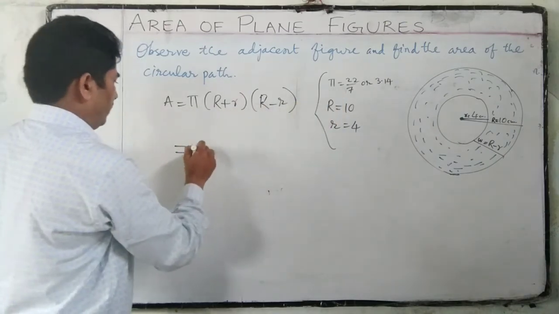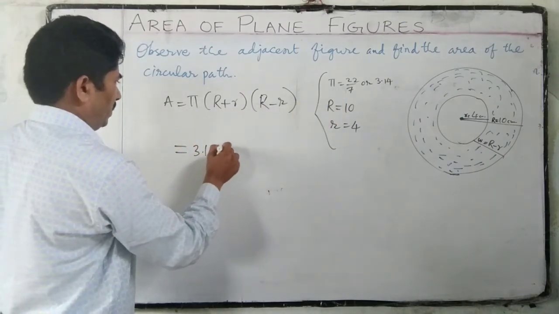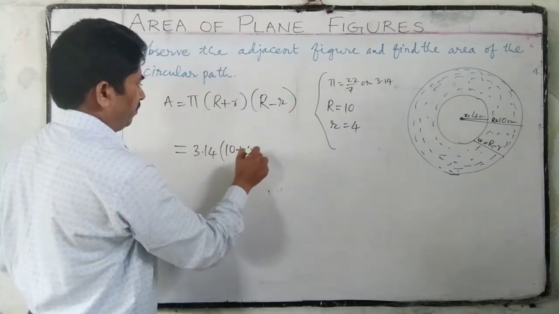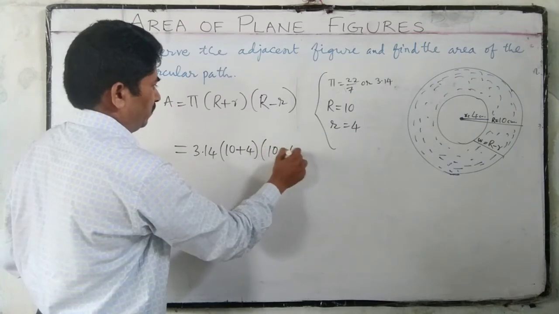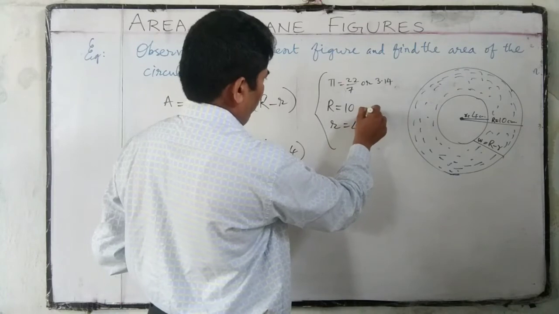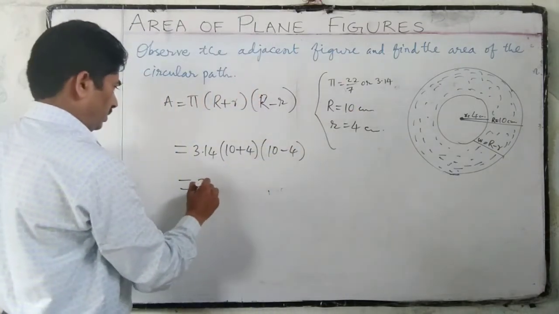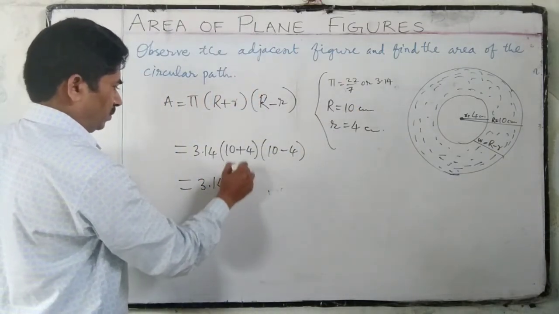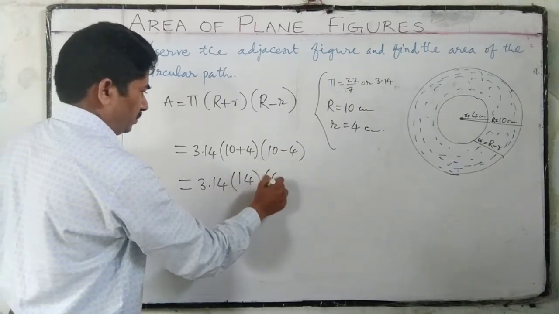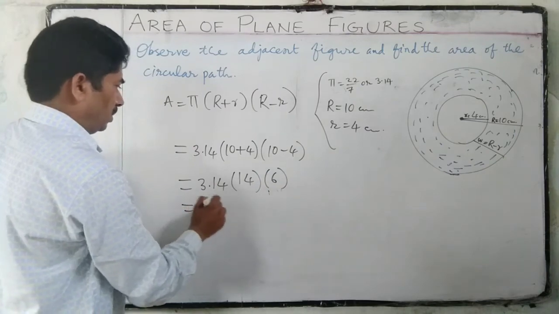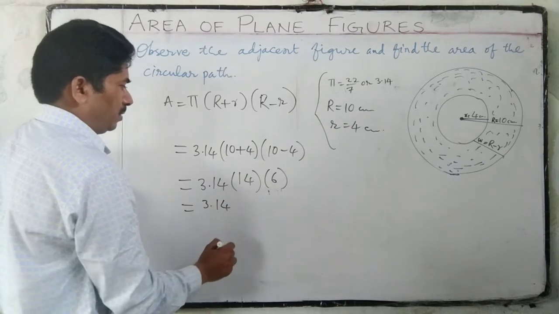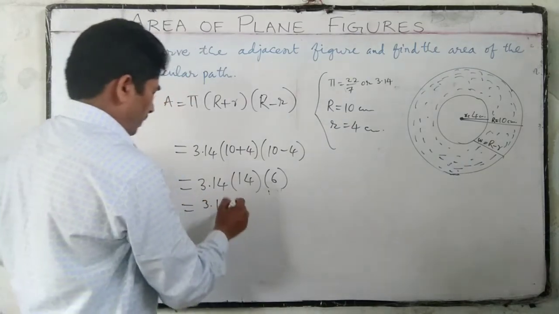Pi 3.14 into 10 plus 4, 10 minus 4. These are centimeters. 3.14 into 14 into 6, 14 6s are 84.